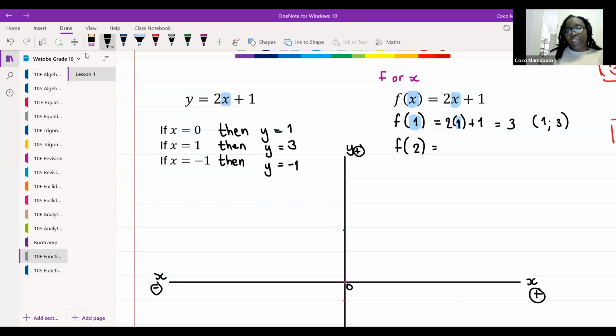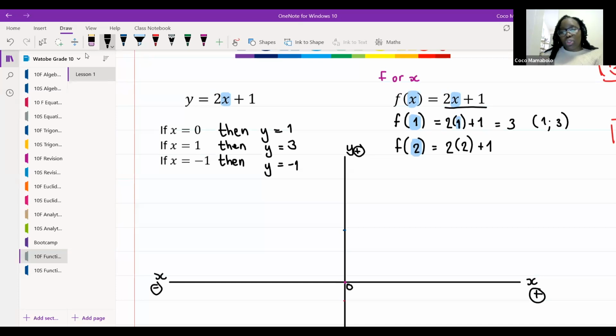Okay, so over here, where we've replaced x with 2, I'm going to go into this formula and I'm going to go 2 times, replace x with 2, plus 1.